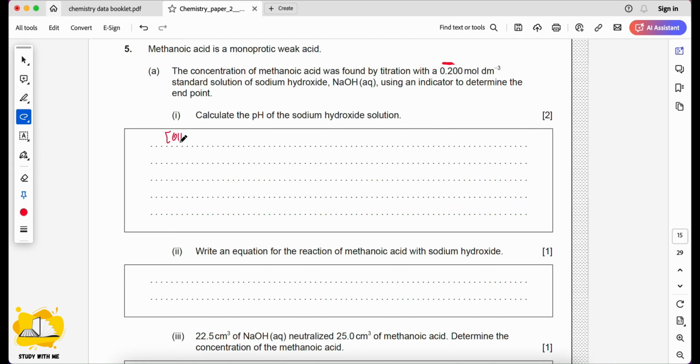So the concentration of OH- is 0.2 mol per dm³. So pOH will be negative log 0.2, which is 0.699. So pH will be 14 minus 0.699. You will get 13.301.